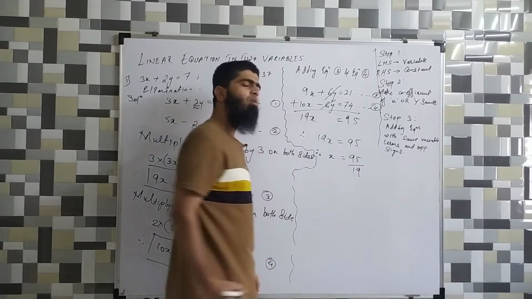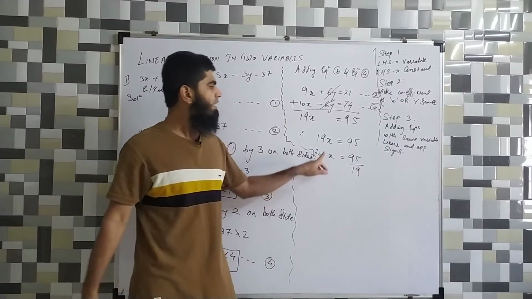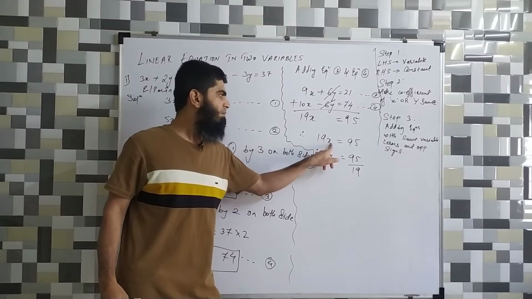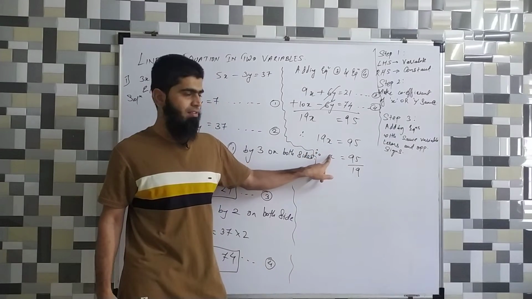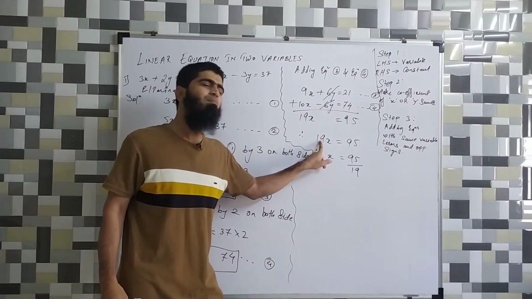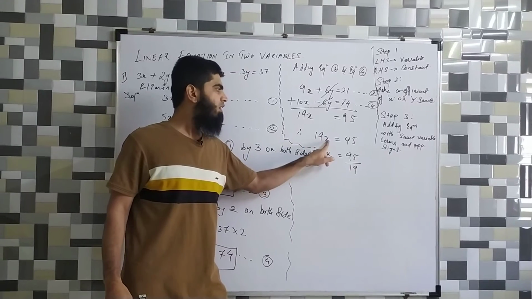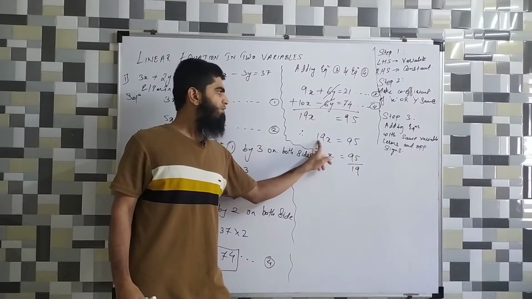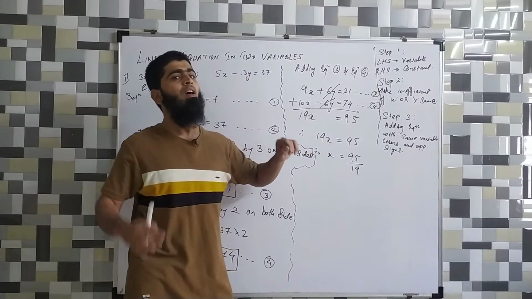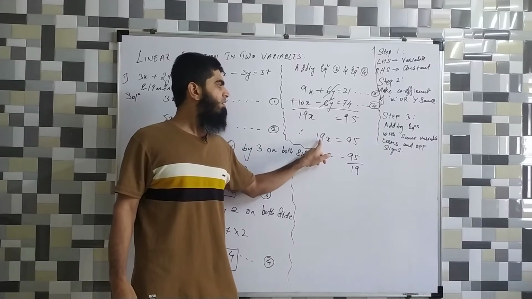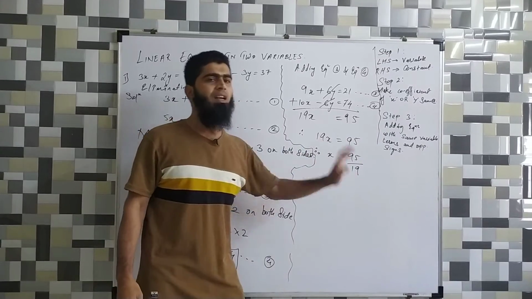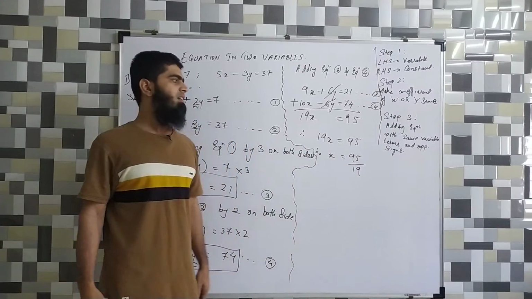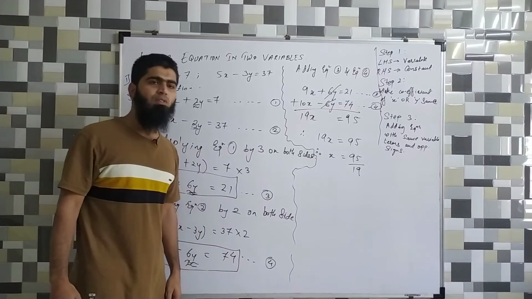There are multiple ways, but what we will prefer: 19 multiplied by x, so I will keep x as it is. Since 19 is being multiplied, in order to get the value of x, I will shift the 19 to the other side. While doing so, this 19 which is being multiplied will be divided on the other side. Is this clear, my dear students? Any doubts up till here?